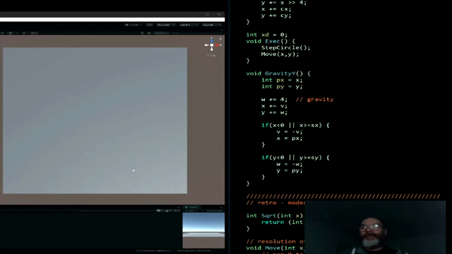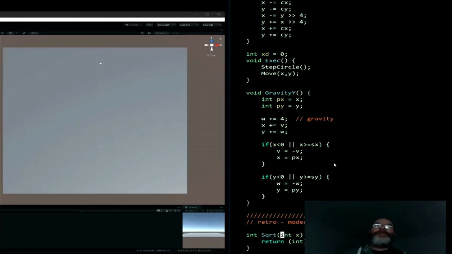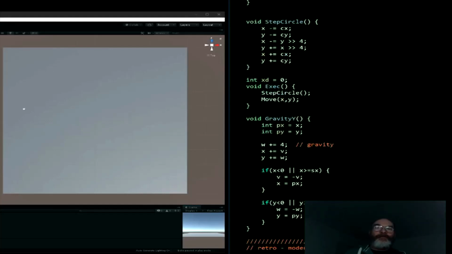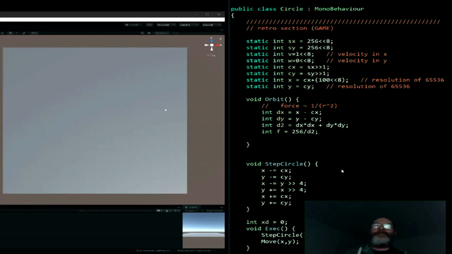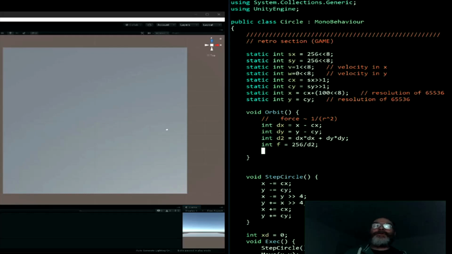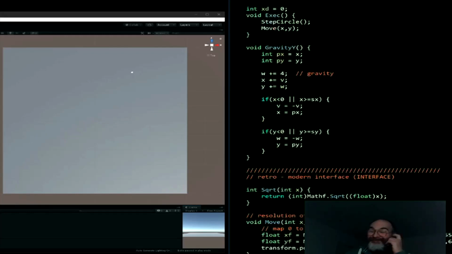Anyway, what we've got to do here is the int for the float Mathf of the x. So basically this should do it. Don't think about the casting that's going on there. So now in my interface layer, I have provided the functionality of a square root so I can get past this problem. The square root, though, has an issue.